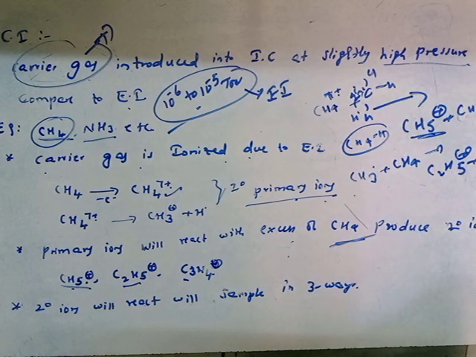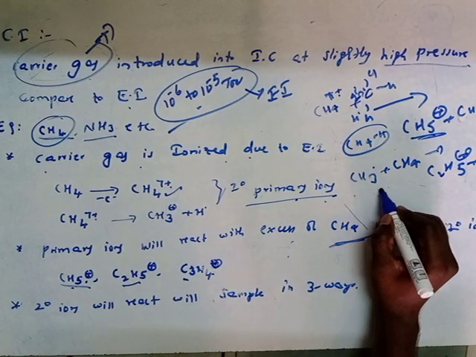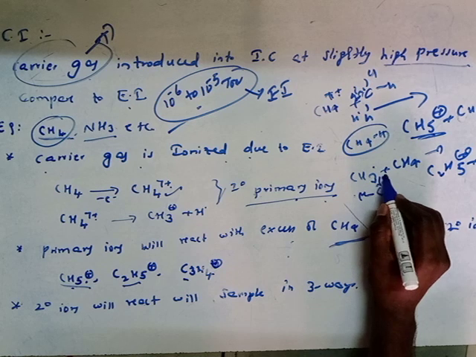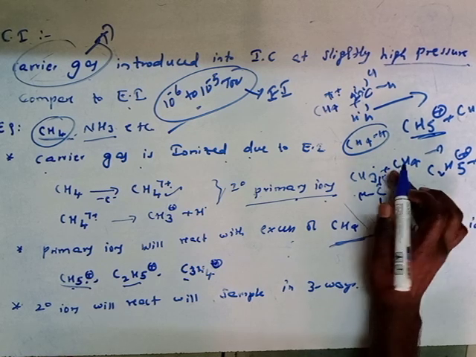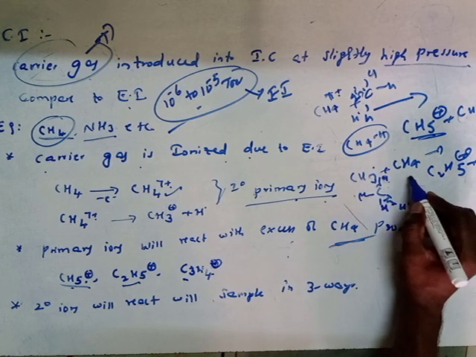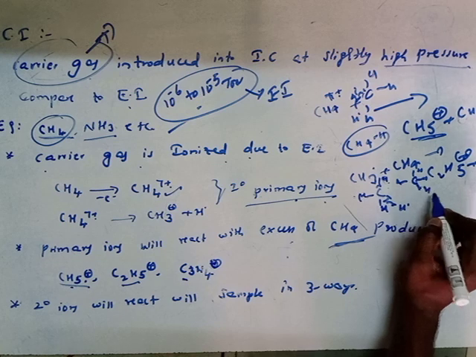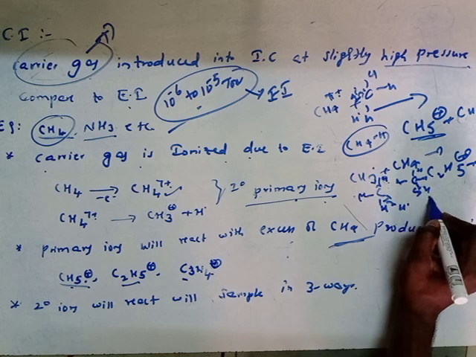How will it be? Let's see. Here also same. Here CH3, and it undergoes homolytic cleavage to form H radical, and here also in the same way CH4 like this, and it undergoes homolytic cleavage to form H radical.